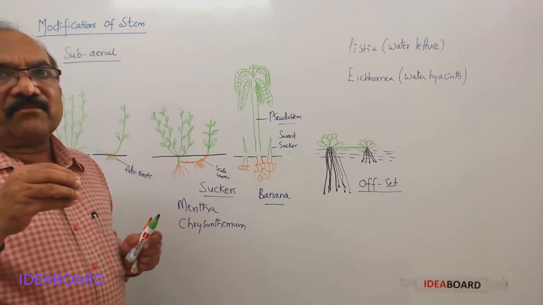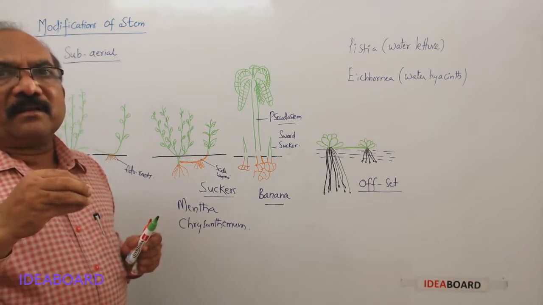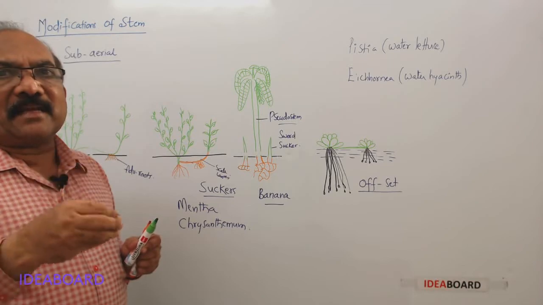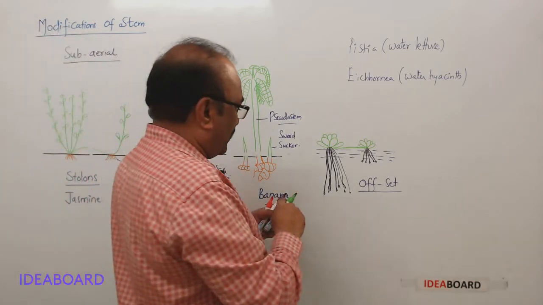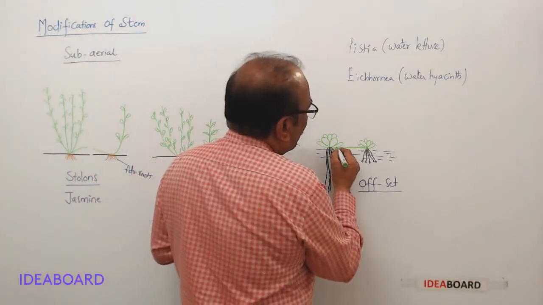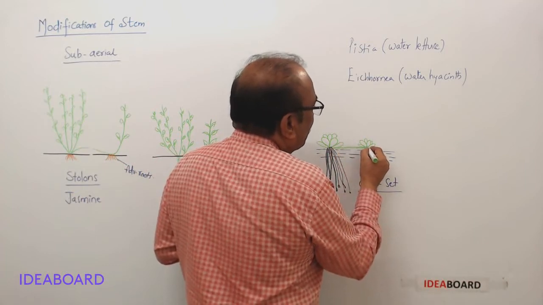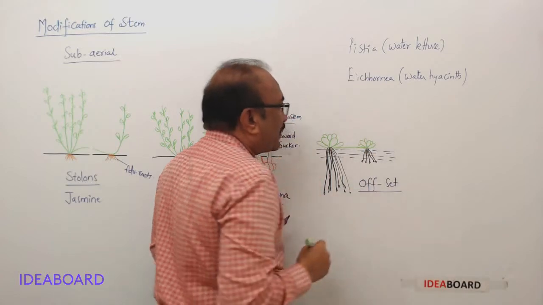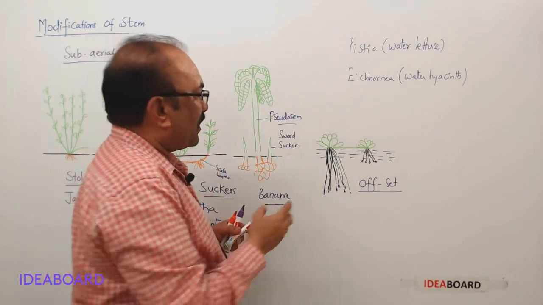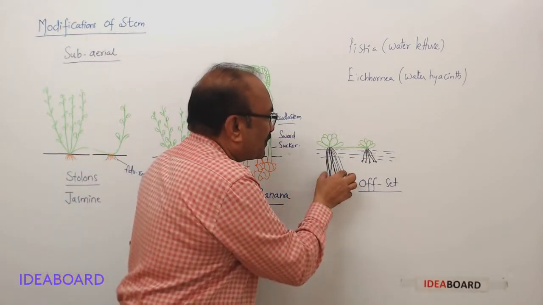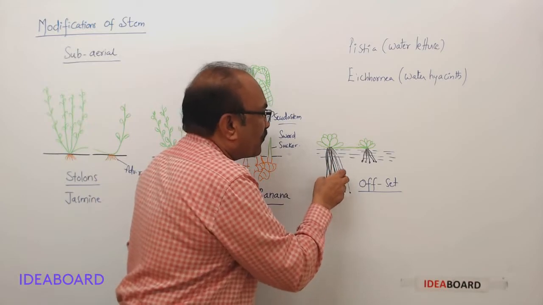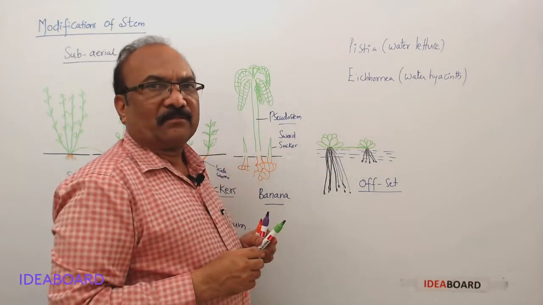And you know that every leaf will have an axil, and in the axil there is an axillary bud, and that axillary bud has grown into a short branch, and again it has produced another rosette of leaves, and at the base it has got a tuft of roots.